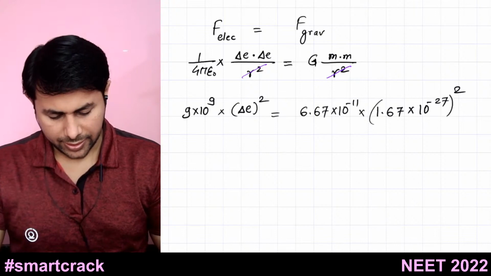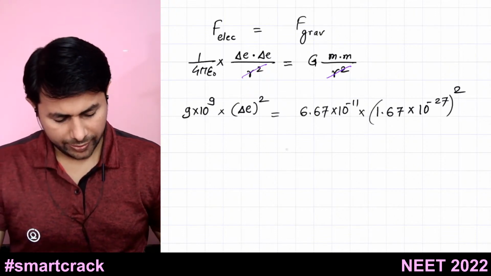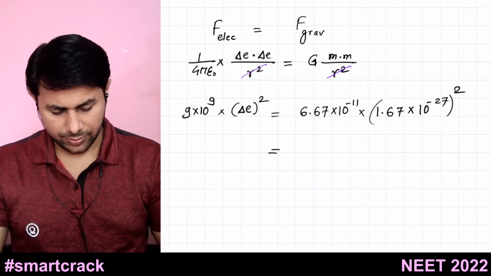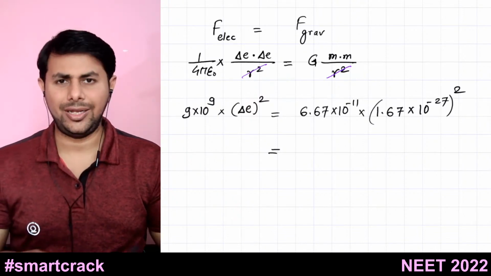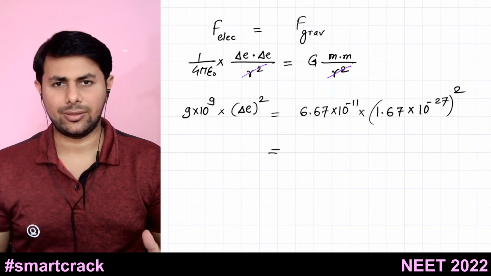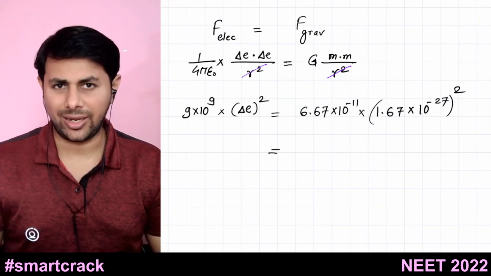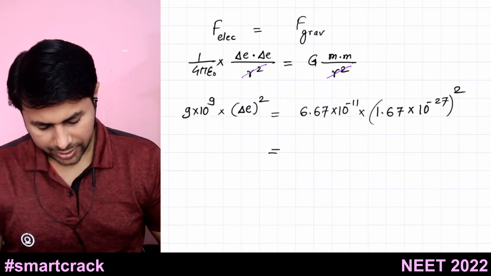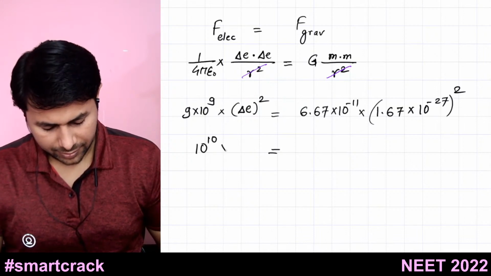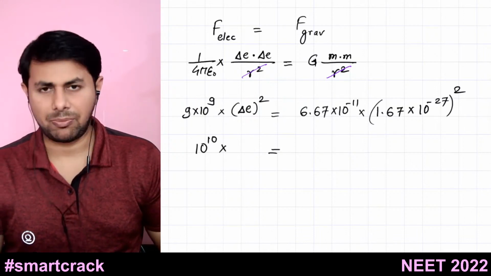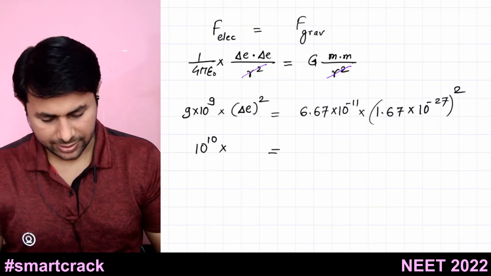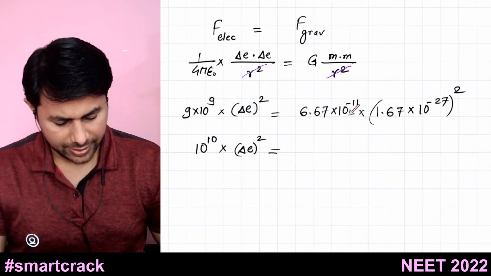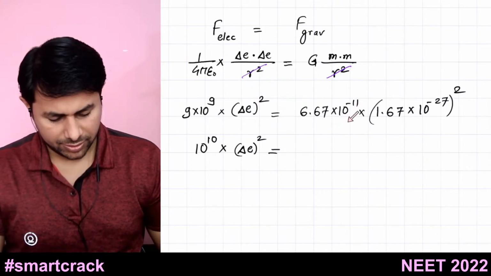Now, what do we want? We want the order of magnitude calculation. So 9 can be approximated to 10 because we want the order of magnitude only. So 9 is approximately 10, so 10 times 10 raised to 9 is 10 raised to 10, multiplied by delta E square, and on the right side we have 6.67 into 10 raised to minus 11.